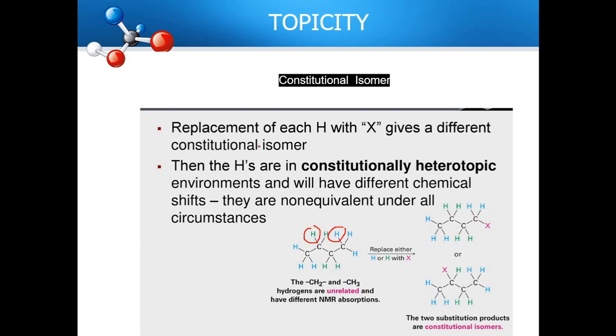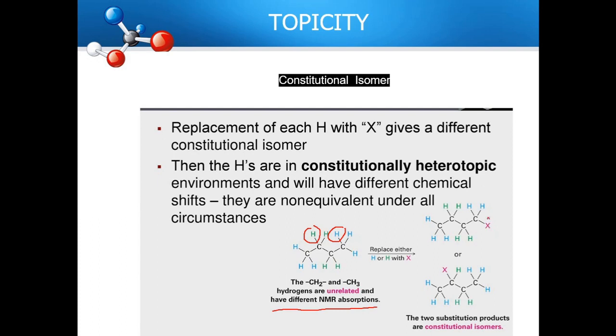So replacement of each hydrogen with X gives a different constitutional isomer, then the hydrogens are constitutionally heterotopic. They are in constitutionally heterotopic environments and will have different chemical shifts. They are non-equivalent under all circumstances. So the CH2 and the CH3 hydrogens are unrelated and they have different NMR absorptions.